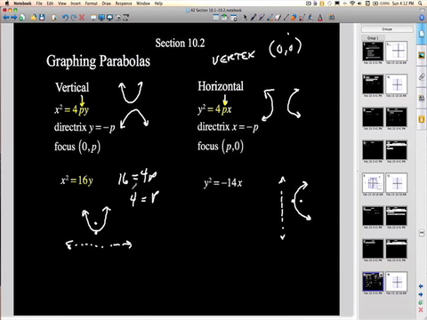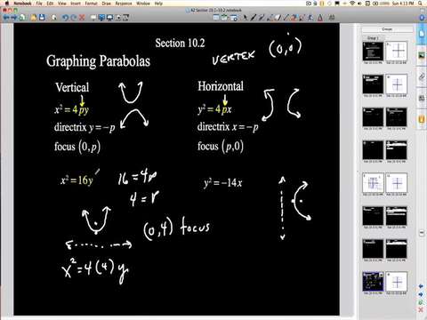So if I write this with p in the problem, x squared will be equal to 4 times my value of p, which is 4, times y. What that means is that the focus is going to be 4 units above the vertex, so it'll be at 0, 4. That's going to be my focus.